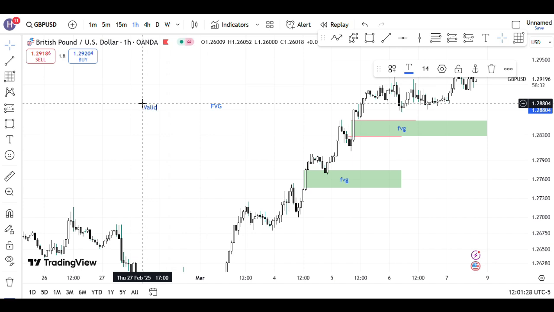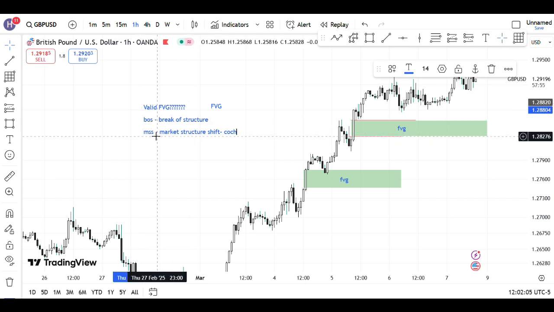So how do we identify a valid FVG? For a valid FVG, there must be either a BOS, which is called break of structure, or there should be an MSS, which is called market structure shift, also called CHoCH, change of character.